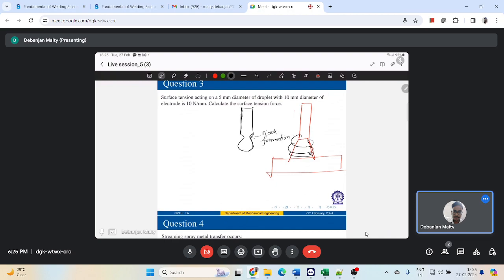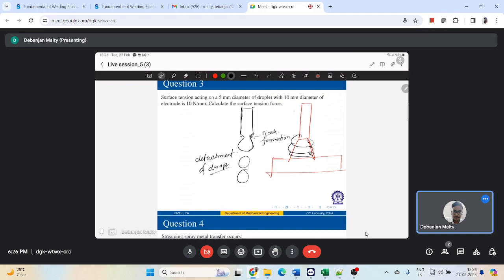Now this neck formation will help you in terms of detachment of the drop. With time progress, it will make the detachment of the drop, this pinch effect, you know.